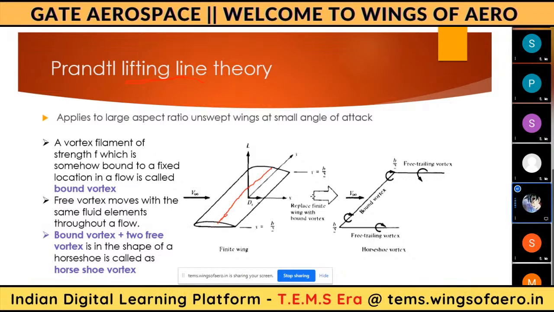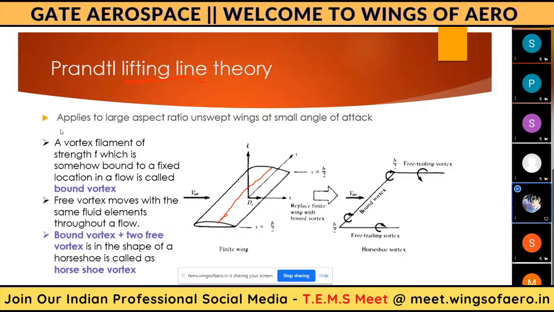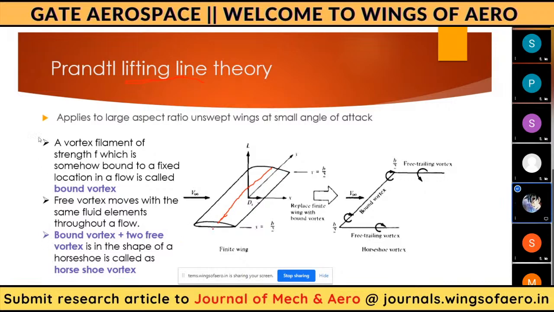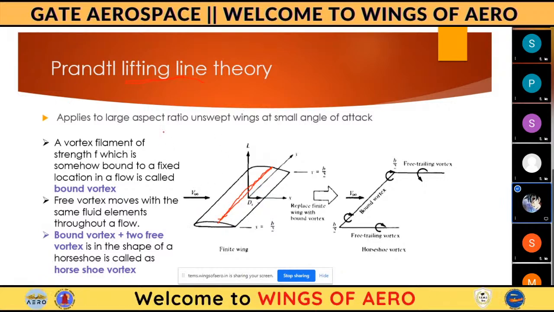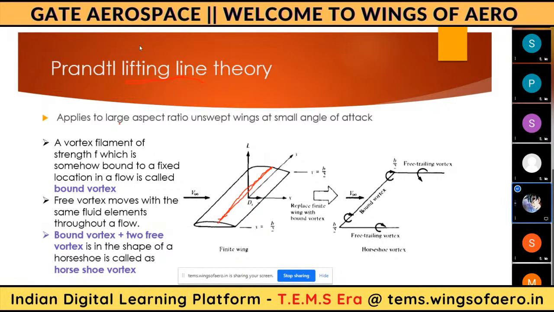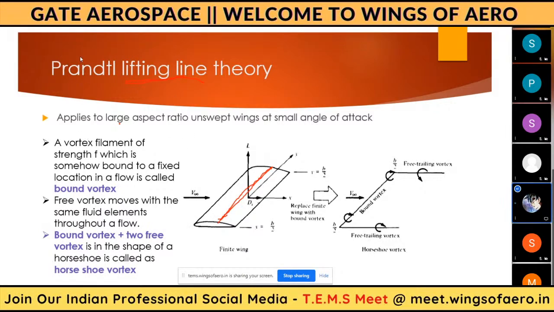In this line, all the bound vortices are bound to this particular line filament, and the lift distributions are formed at this particular line only. Then it is called lifting line. This theory is called lifting line theory. It may be applied for 3D wing sections. The main application is that we can apply the Prandtl lifting line theory for 3D applications.